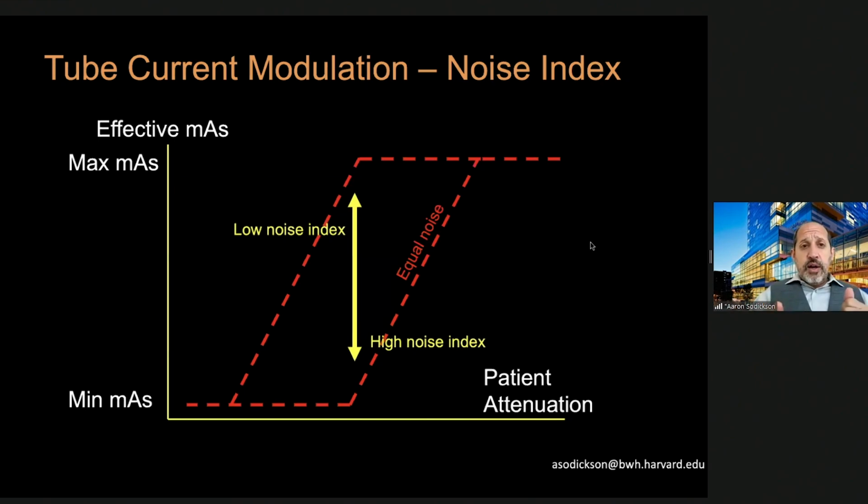So the main point here is that the adjustable parameters are very different from manufacturer to manufacturer. And if you want to make the best use of your technology, you need to have some understanding of what the tools are available and how to modify them.